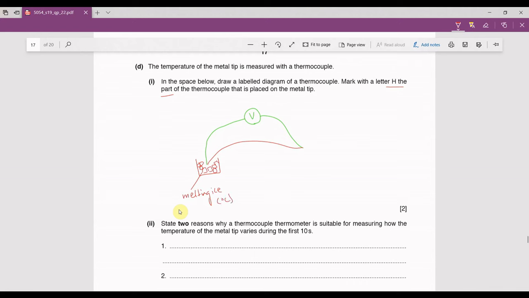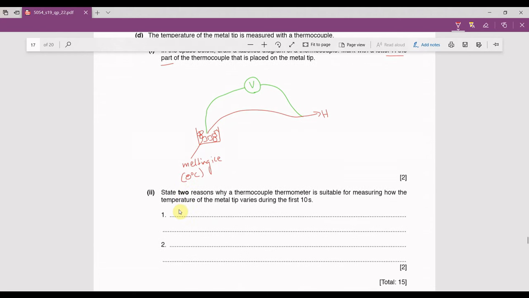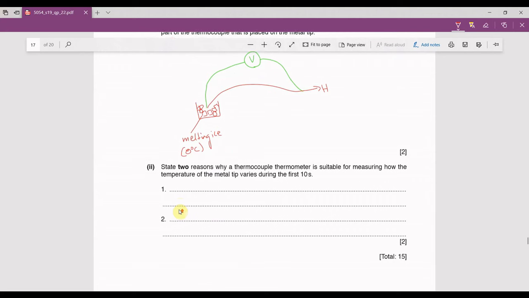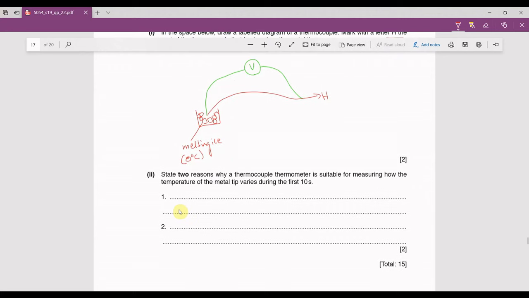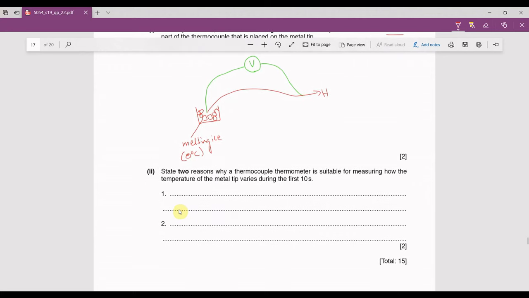Because you want a fixed known temperature at one of the junctions. This is how every thermometer works. You need fixed temperatures to work with thermometers. So this should be at 0 degrees Celsius, and this is the junction that will be touched against the metal or any object for which you have to measure the temperature. So state 2 reasons why thermocouple thermometer is suitable for measuring how the temperature of the metal tip varies during the first 10 seconds.